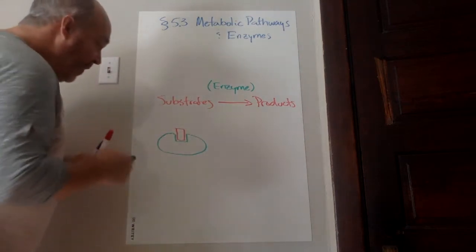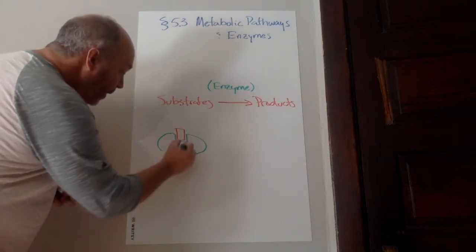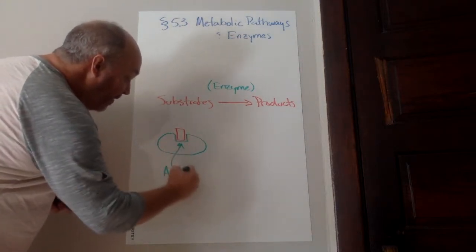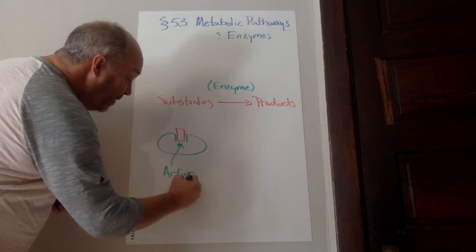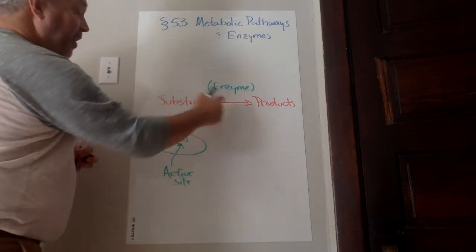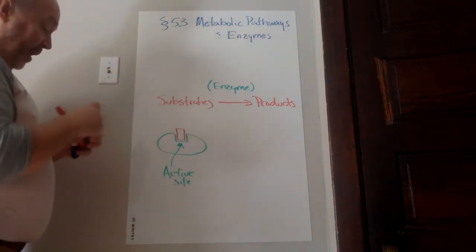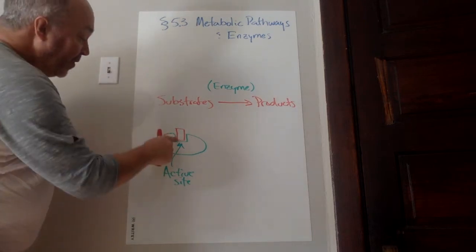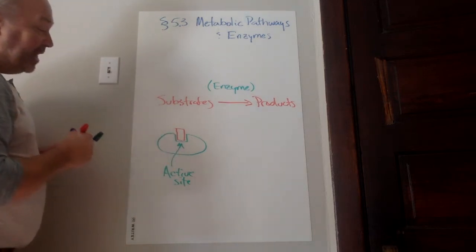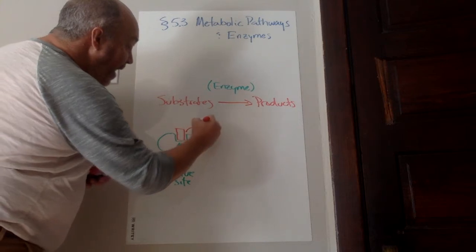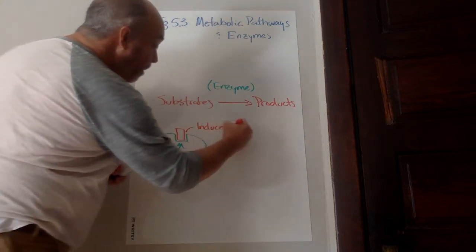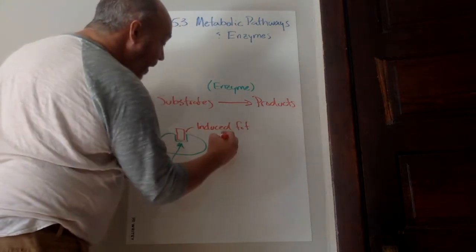This site on the enzyme is called an active site. It's the active site because that's where the action, the conversion, is taking place. The fact that this substrate fits exactly into that enzyme is called an induced fit.